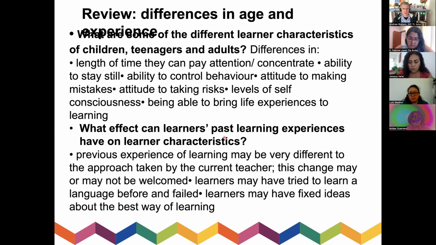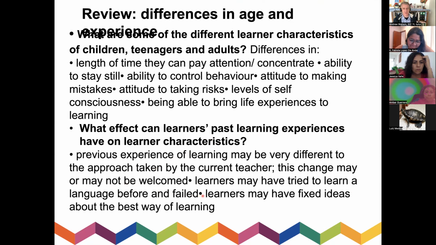So what effect can learners' past learning experiences have on learner characteristics? The previous experience of learning may be very different to the approach taken by the current teacher. Now, this change may be welcomed, or it may not be welcomed. It might be disturbing for some learners.